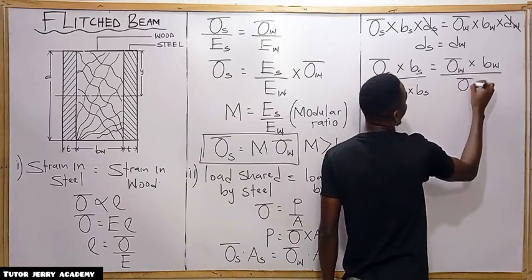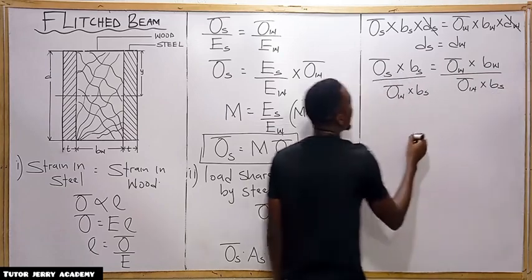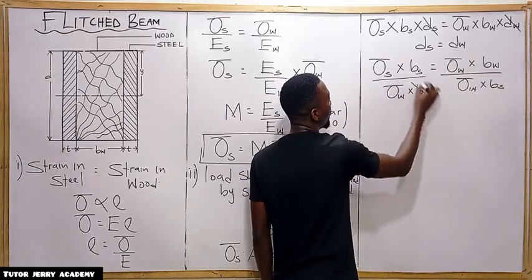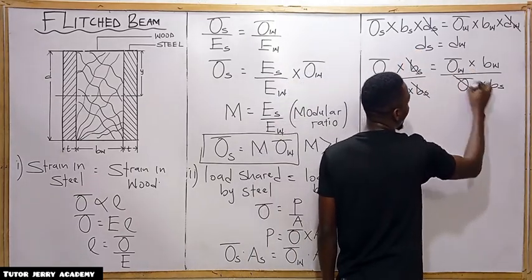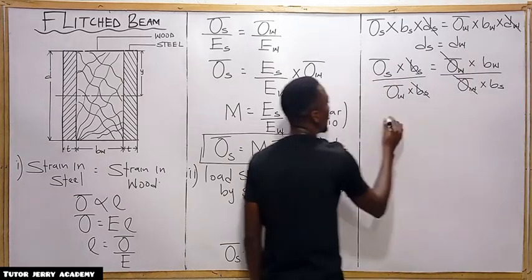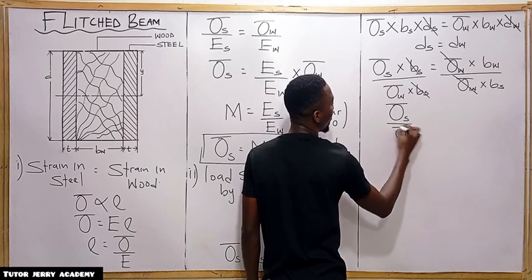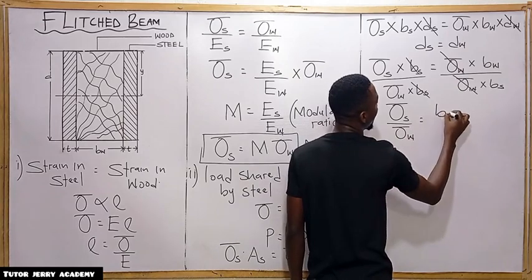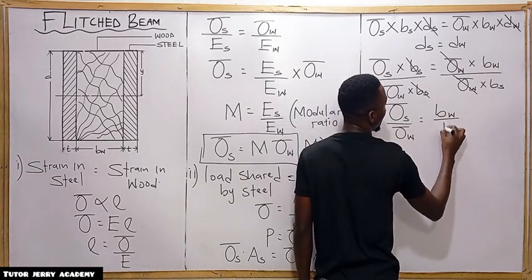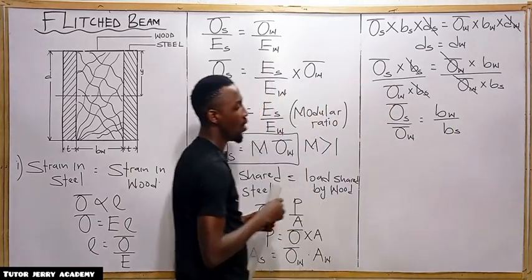The base of steel will go with the base of steel, and the stress of the wood will go with the stress of the wood. So here we are going to have the stress of the steel all over the stress of the wood, which will be equal to the base of the wood all over the base of the steel. So I hope you understand that.